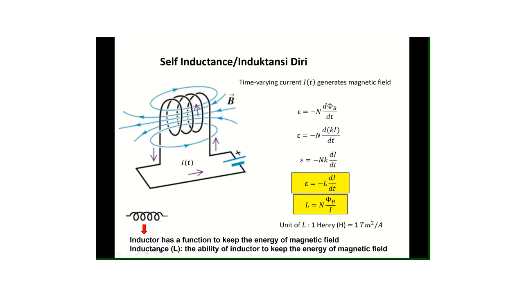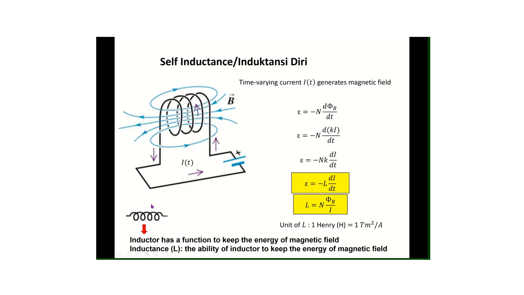L is the ability of the inductor to keep the energy of the magnetic field, the same as capacitance or resistance.